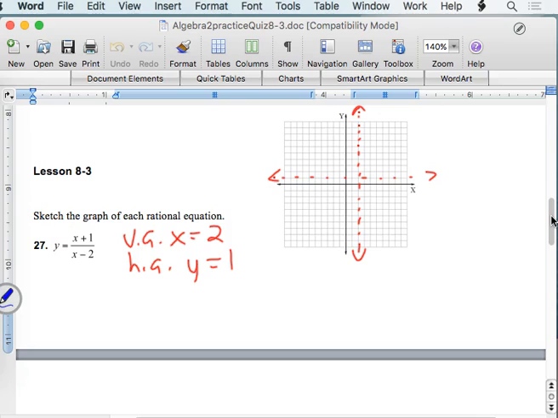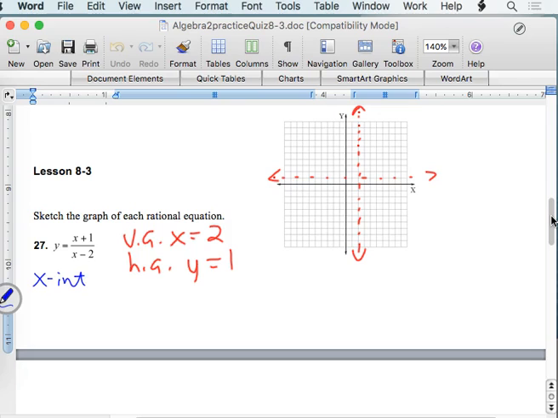Well, that would be the x-intercept. How do you find the x-intercept? Ooh, you better grab your little yellow cheat sheet. Won't be able to use it for the test, but it's good for you right now to have to look it up. How do you find the x-intercept? 0 what?